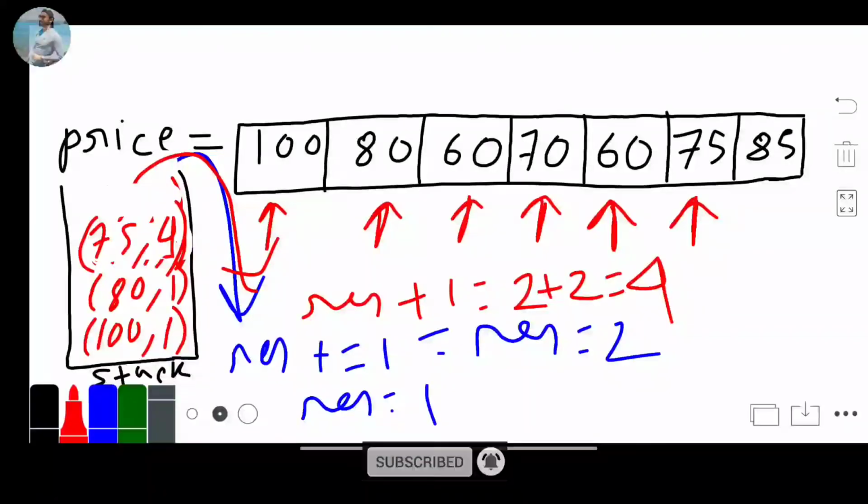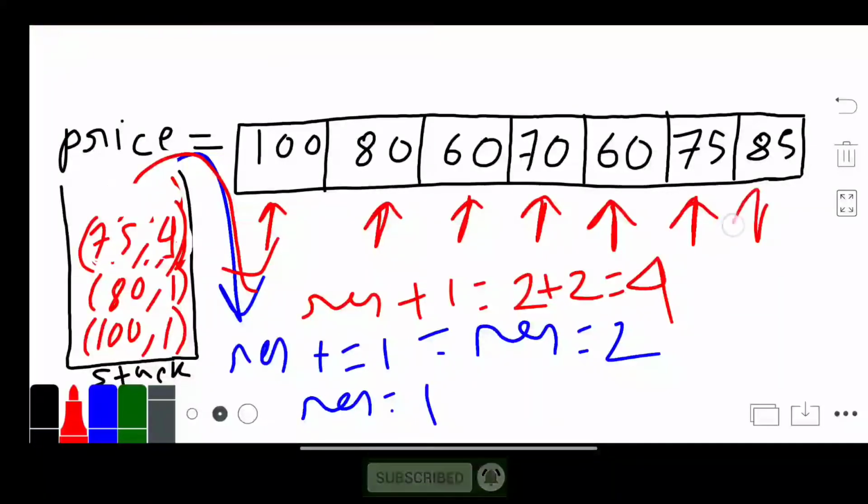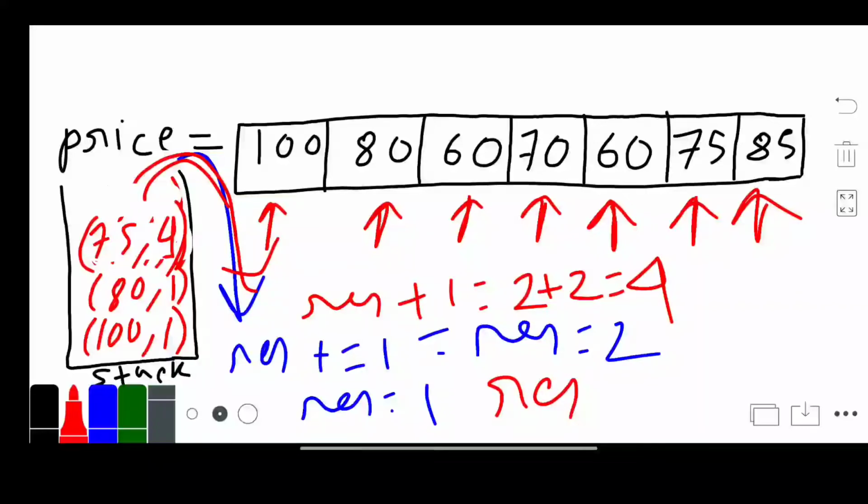Now we move to the next element, 85. We check if 85 is greater than the stack top element. Yes, so we first pop 75 and add its count to the result: 1 plus 4 is 5.